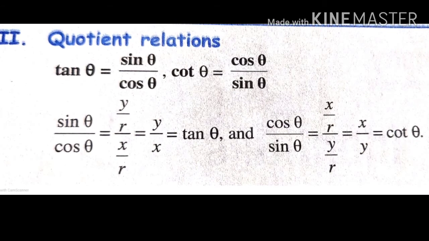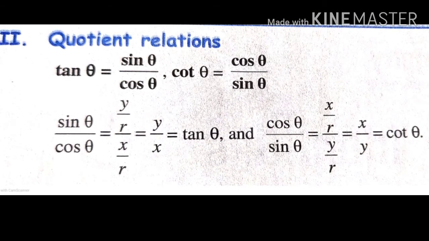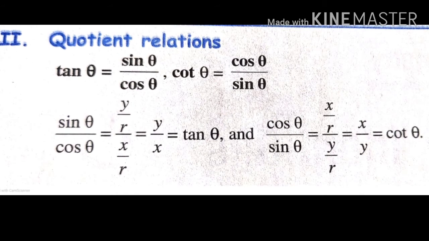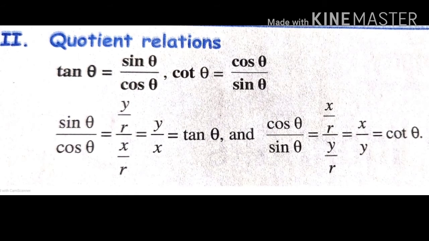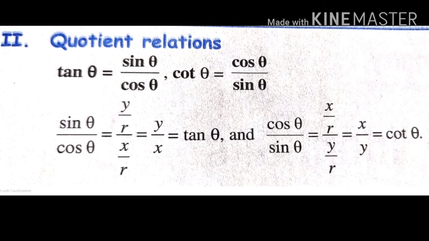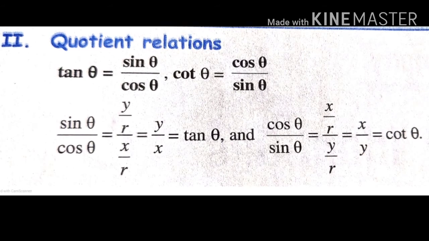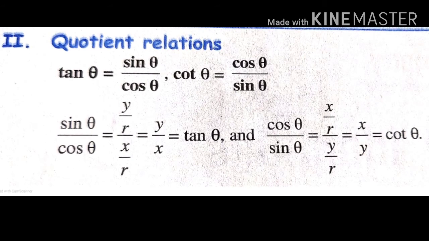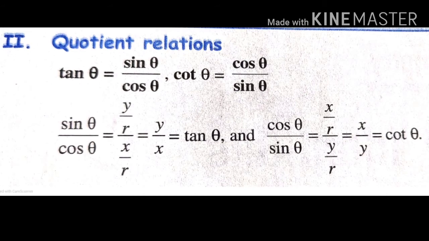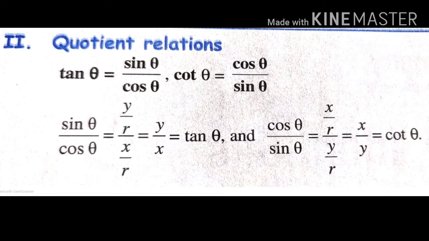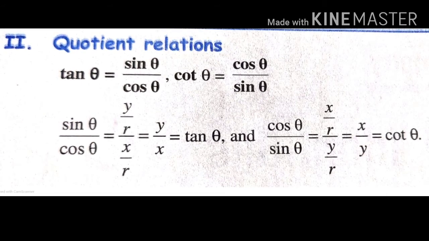Now that x by r will come up as the reciprocal, so r by x, and r gets cancelled, so we get value y by x. That is y by x, you have to check, that is tan theta. So this is one relation we found, tan theta is equal to sin theta upon cos theta.